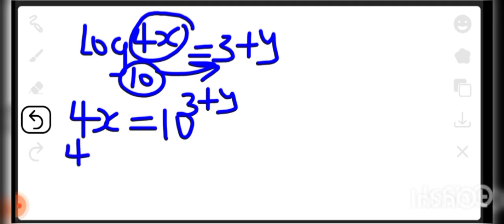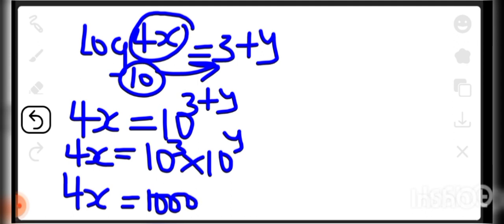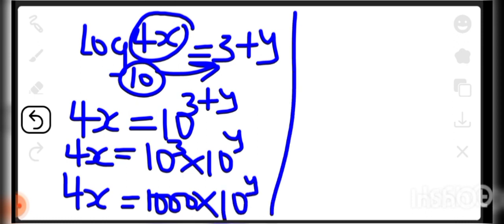So we're going to have 4x is equal to 10 raised to power 3 times 10 raised to power y. Then next, 4x is equal to 10 raised to power 3, which is going to give us 1000, times 10 raised to power y. So this is going to give us something nice.